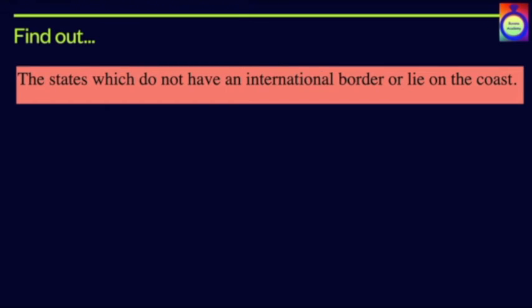The states which don't have an international border or lie on the coast. The states which constitute interior part of India that don't share a border with other countries or a coastline.